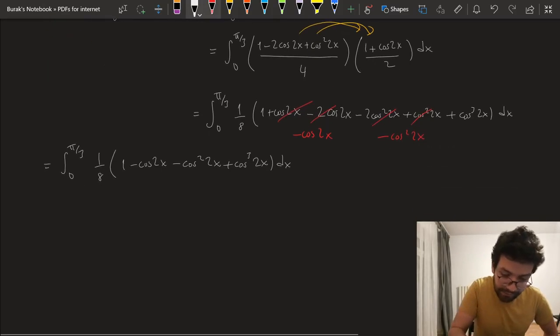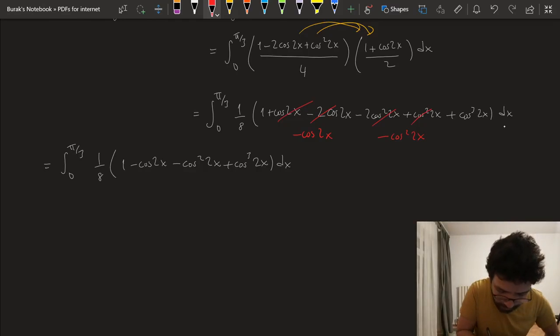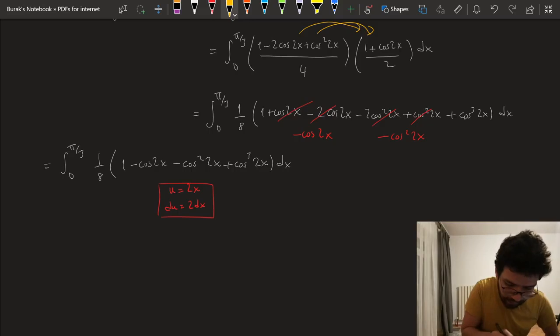Now let me do a very simple substitution. u equals 2x, and du will be 2 dx. So if you plug in 0 for x, you're going to get u is 0.